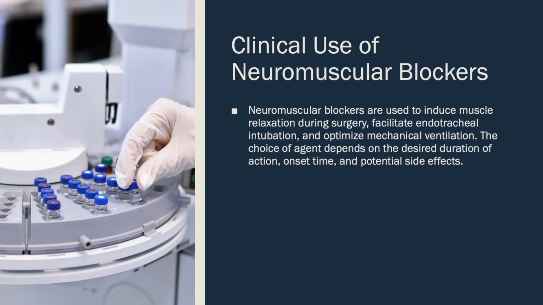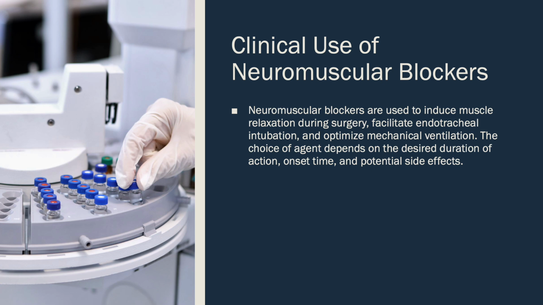So our neuromuscular blockers are used to facilitate muscle relaxation. This aids in tracheal intubation, optimizes mechanical ventilation, and allows surgeons to work more efficiently without the interference of involuntary muscle movements. During intubation, this relaxes and opens the vocal cords. This makes it easier and less traumatic.